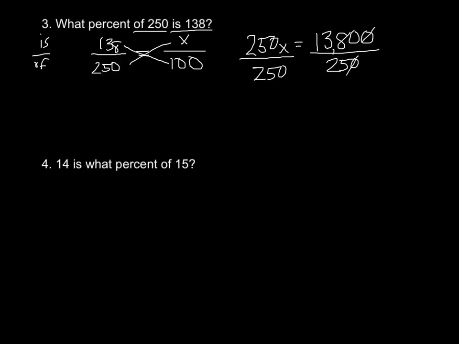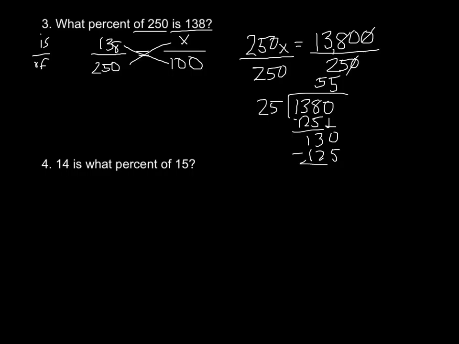Cross off a 0, cross off a 0. So I would have top divided by the bottom. 25 is going to go into 138 5 times, minus 125. 8 minus 5 is 3. 3 minus 2 is 1. Bring down my 0. 25 goes into 130 5 times again, minus 125.